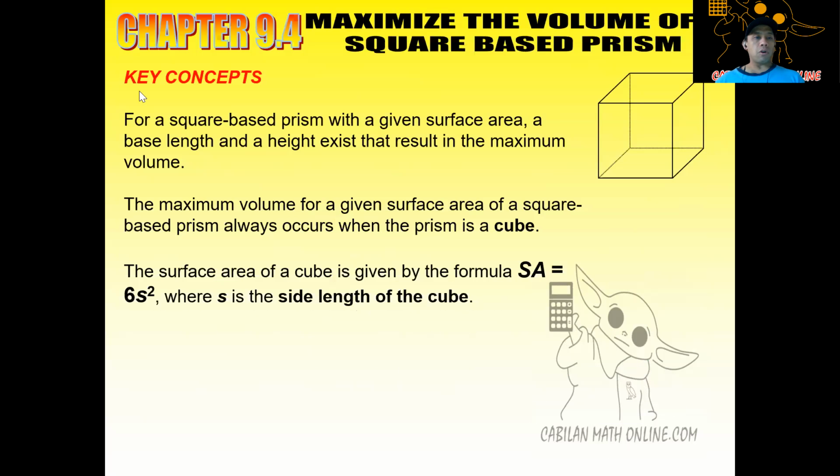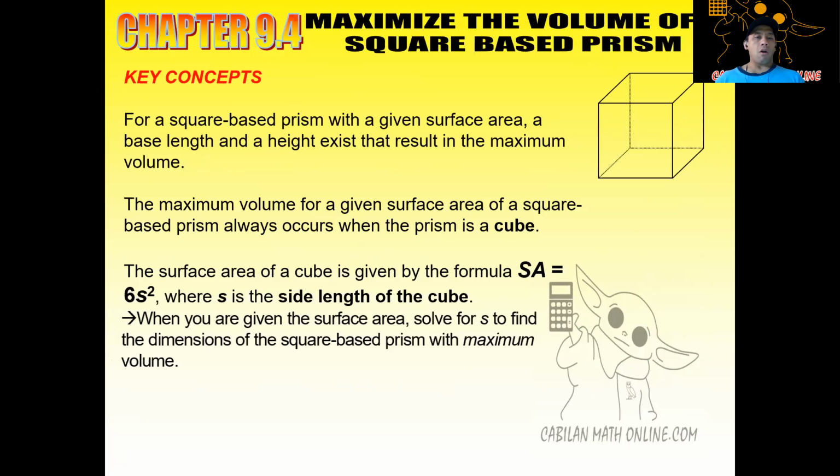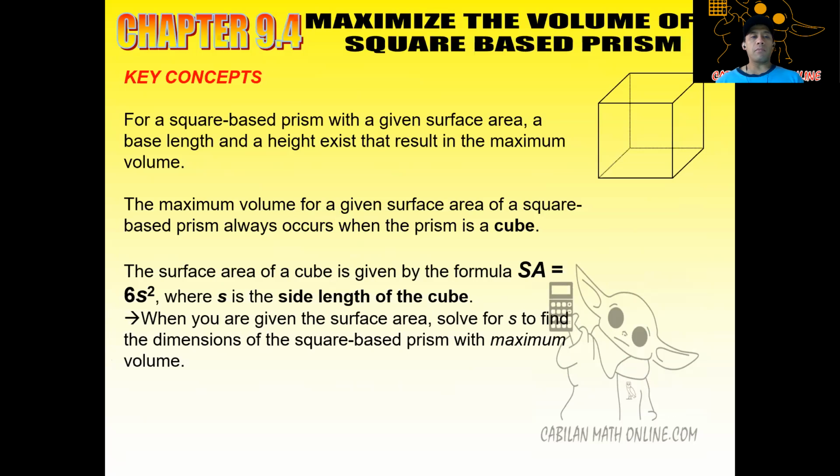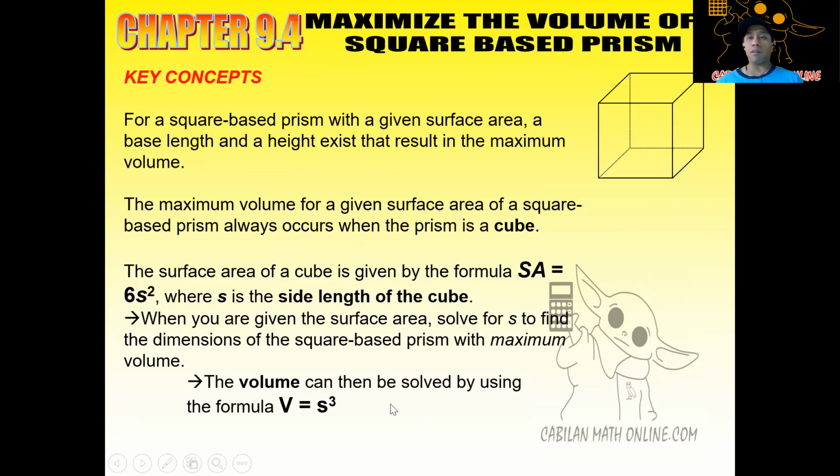When something is optimized, meaning the volume is maximized and the surface area is minimized, if a surface area is given to you, we use the formula surface area is equal to 6s squared, and we solve for s. Then we use that s to figure out the volume, using the volume formula from the previous question.